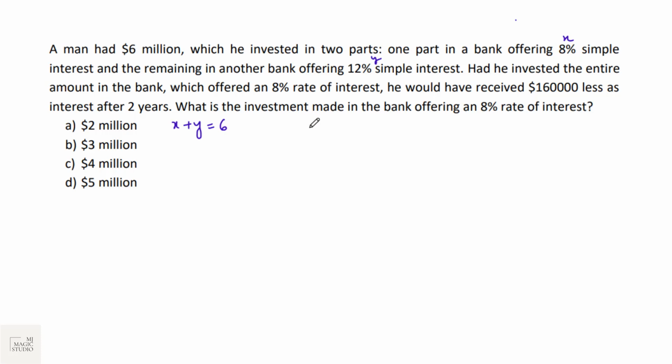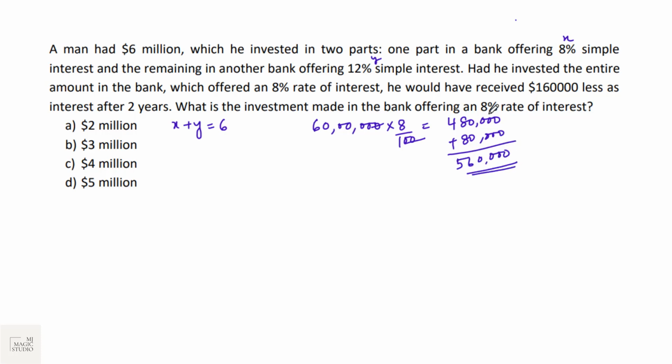So 6 million means 60 lakhs. If invested at 8%, it will give 4,80,000 interest. But you are receiving 80,000 interest less, so add 80,000 to it. That would be 5,60,000.